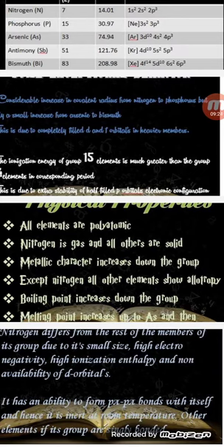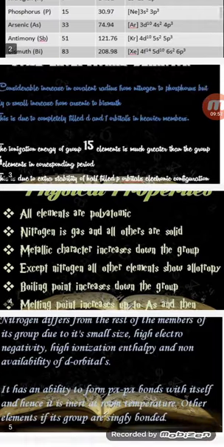As we know that down the group metallic character increases, the same is true for group 15 elements also. Except nitrogen, all other elements show allotropy. That means they exist in more than one naturally occurring forms. Like P4 is white phosphorus, then it can have red phosphorus, and then it can have black phosphorus, and so on.